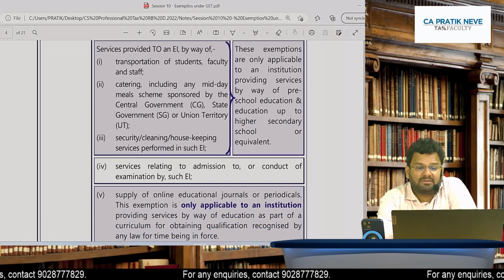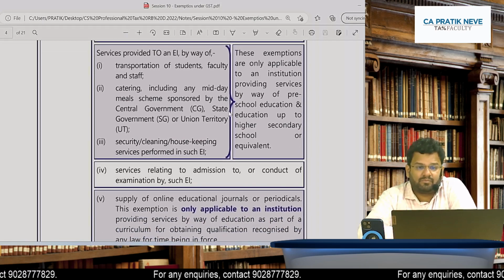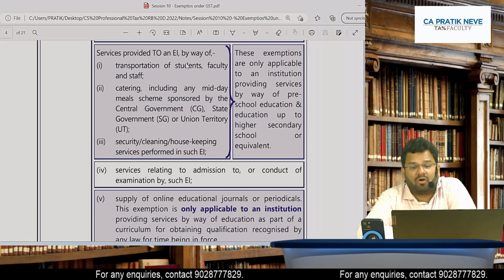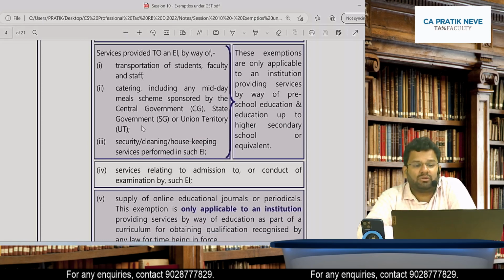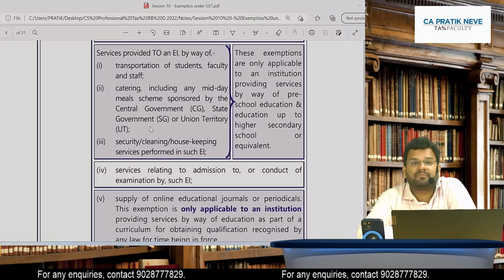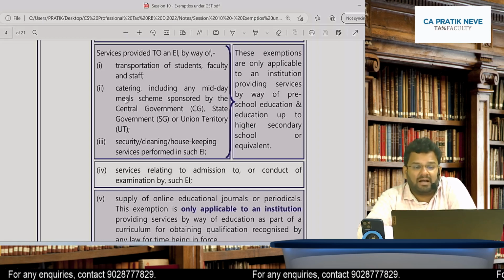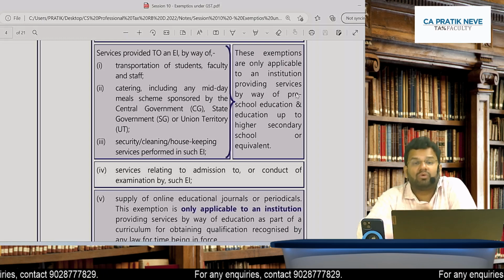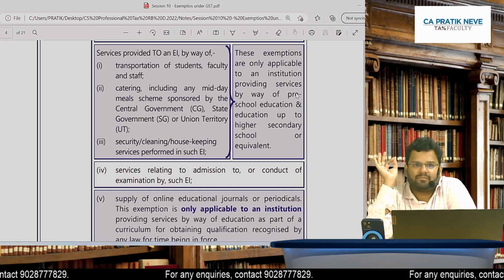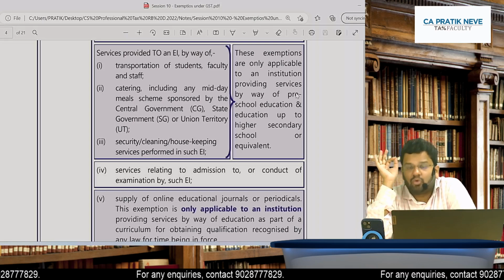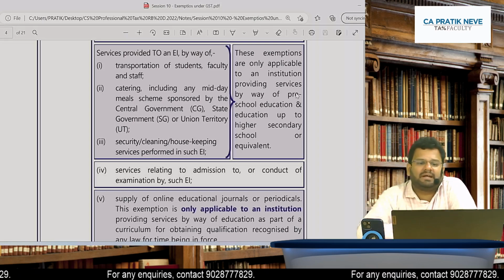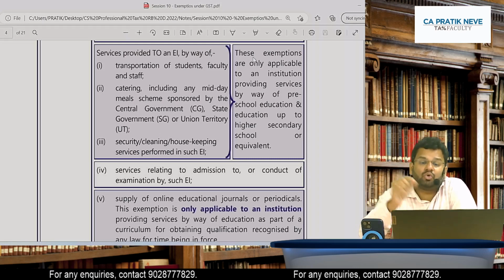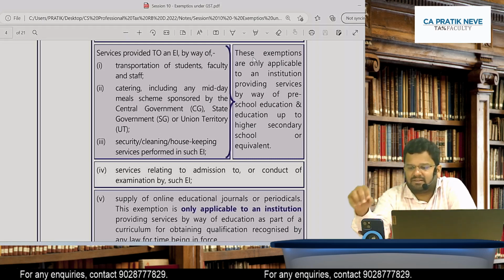Now comes a point: services provided to an education institution by way of these three services. Can you see these three services? These three are exempt only if they are given to a school. Clear? Only and only when they are given to a school they are exempt. Means inward supply of these to a school is exempt.